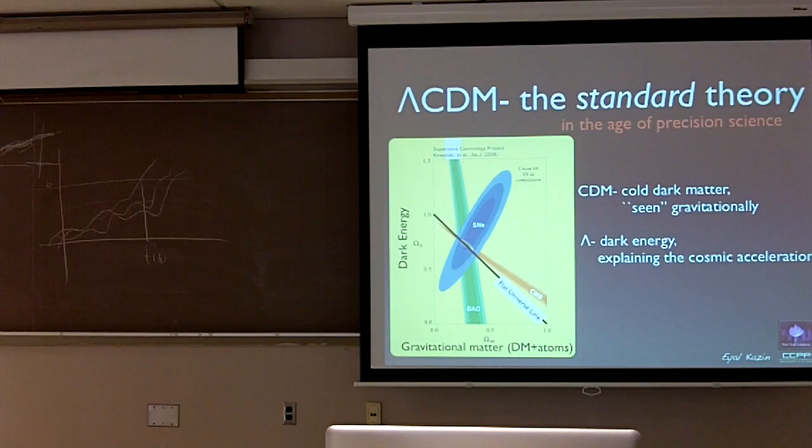And just to give you an idea of what kind of plots we're looking at, here we're looking at matter density versus the density of dark energy, assuming it exists. Then if we look at results from the temperature fluctuations in the CMB, large-scale structure, this feature that I'm going to be talking about, the baryonic acoustic oscillations, well, they intersect.